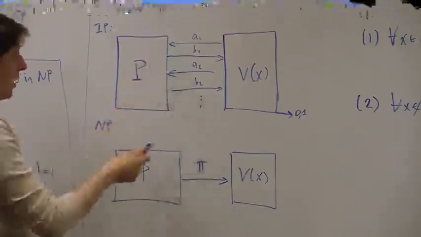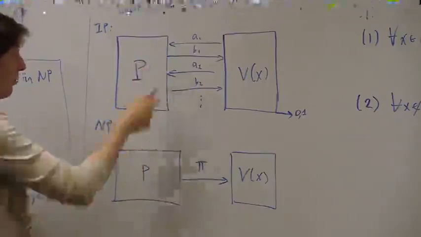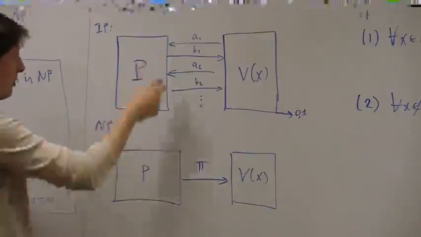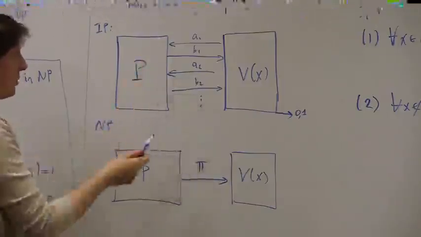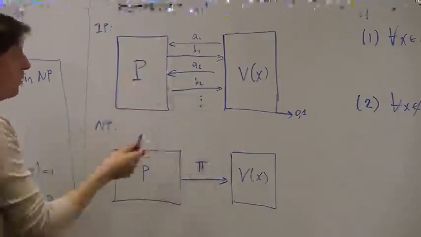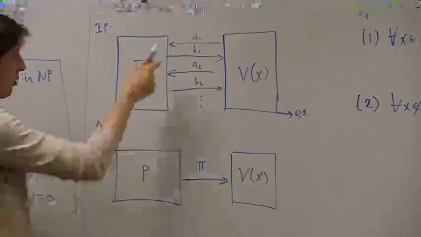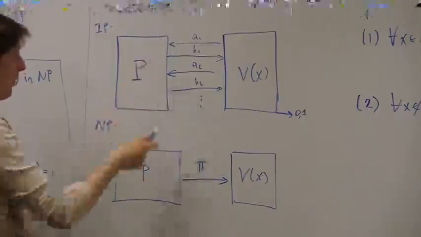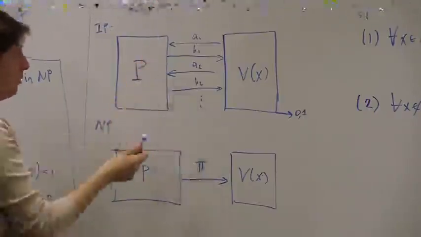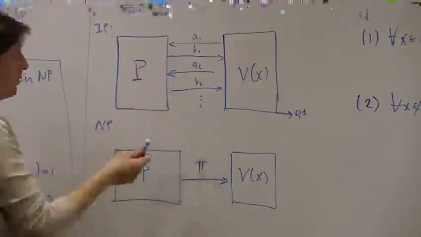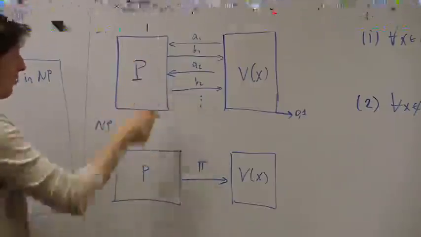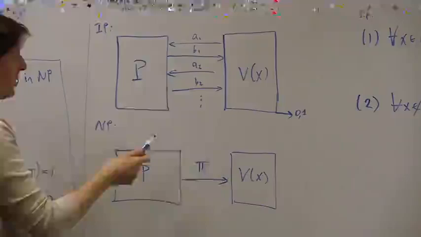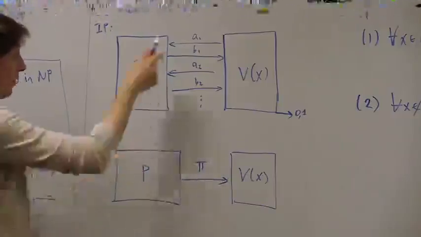Because in particular, the prover could just send an NP proof, right? And the verifier can just check it. And this will be always correct on one side and will have no error on the other. A fundamental question that was studied as soon as this notion was introduced in the 80s was: what languages are in IP?